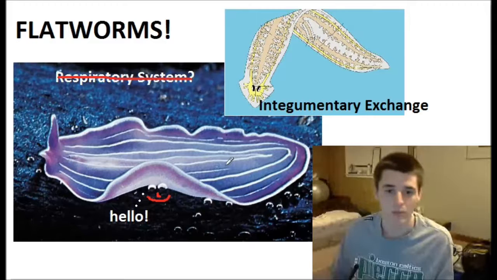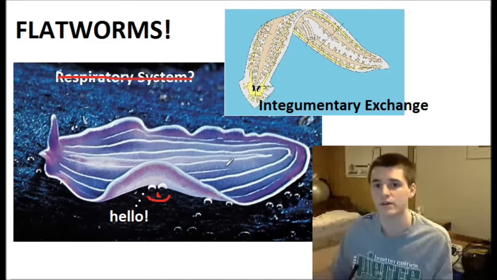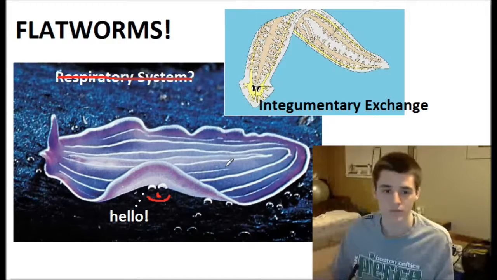So as long as there's an established oxygen gradient between the atmosphere and the flatworm's cells and pores, then there's going to be diffusion whether he's moving around or sitting still.